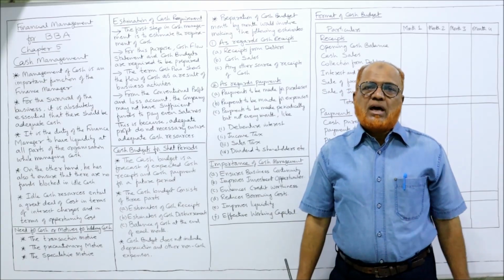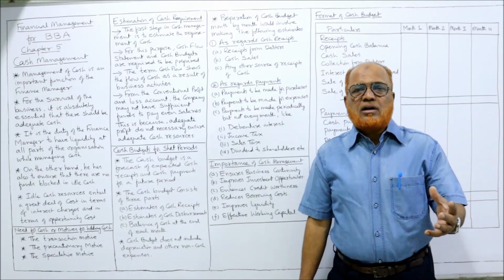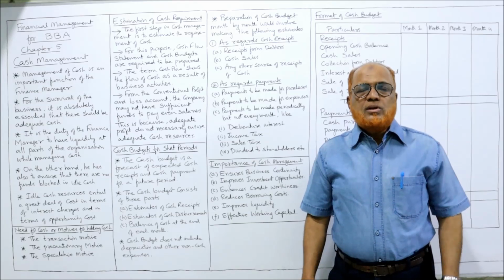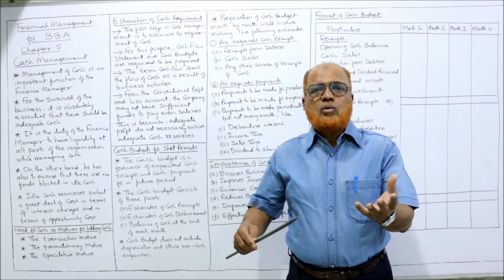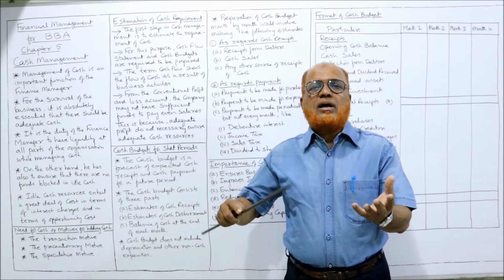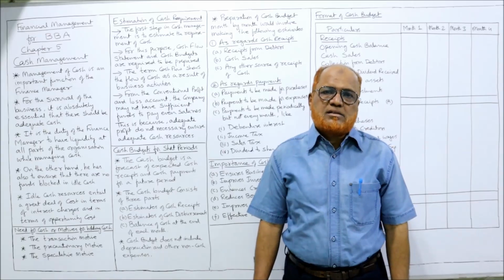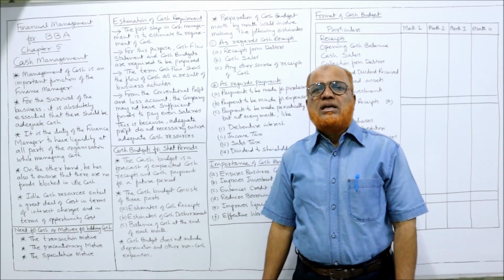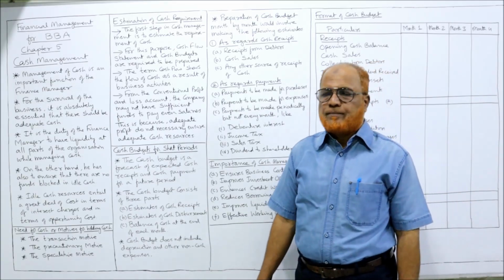If the business does not have cash, it cannot take the benefit from that opportunity. So speculative motive means to keep the cash in order to grab the profitable opportunities which may arise in future. So these 3 motives have been specified by Keynes for why the business will hold the cash.